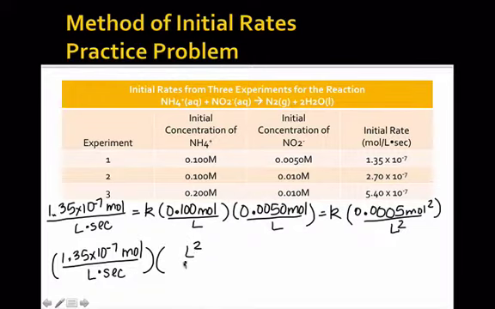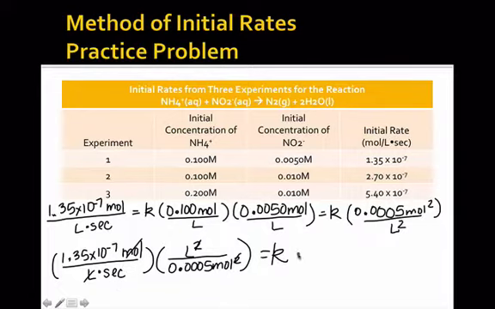So my liters squared is going to be on top, and my number with my moles squared is going to be on the bottom. And that's all equal to K. So what I'm going to find out here is my liter is going to cancel with that, leaving me just 1 liter on top. My mole here is going to cancel the squared out, so I'll be left with a mole there, and my seconds are going to stay on the bottom.